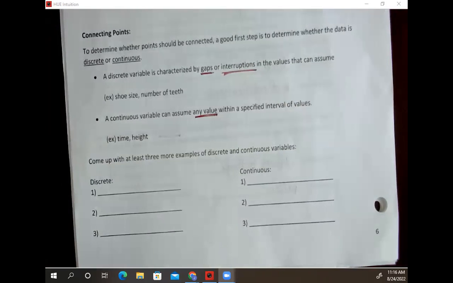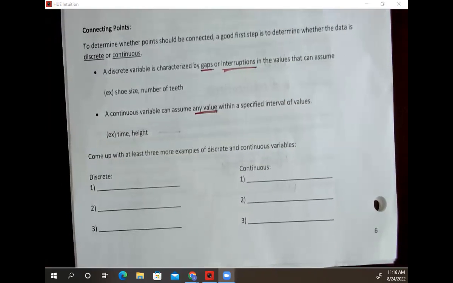One of the options that we see here is time. Time, something we talked about a little bit yesterday. When I talk about time, I can have 1 second, I can have 2 seconds, I can have 1.5 seconds, I can go down to milliseconds or nanoseconds. My limitation is just the sensitivity of my stopwatch, right? I can have all of those values in between 1 second and 2 seconds.